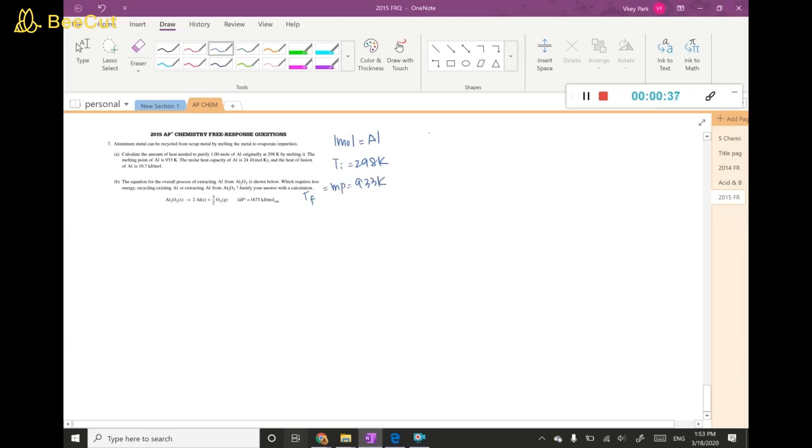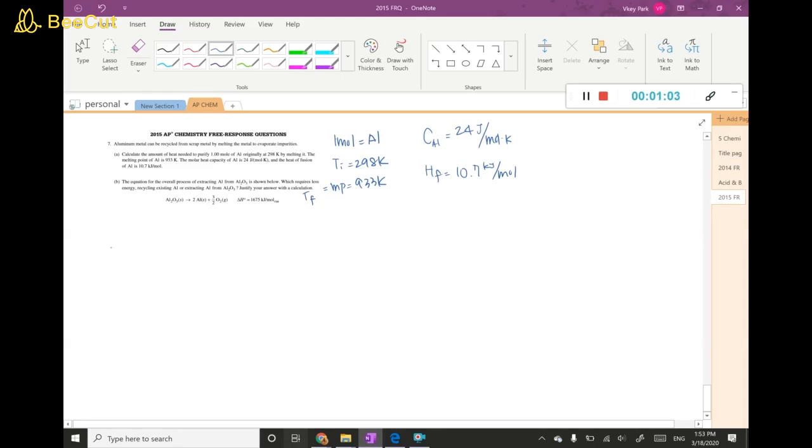And the molar heat capacity of aluminum is 24 joules per mole Kelvin. And the heat of fusion is 10.7 kilojoules per mole. So notice that heat capacity is in joules and heat of fusion is in kilojoules. Just remember that later on when you're doing the calculations to do the conversion accordingly, okay?